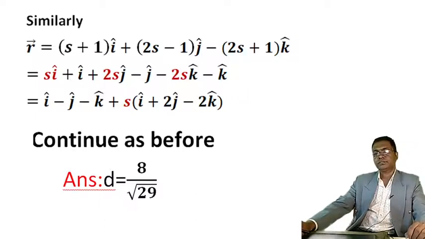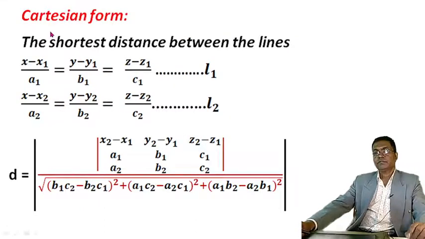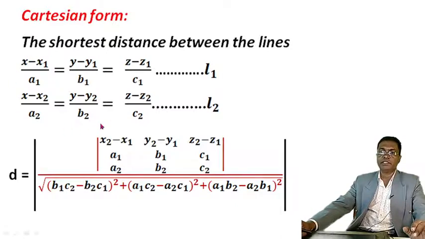Okay, so we know that if the lines are given in the Cartesian form, in this form that we studied, the shortest distance between these lines is given by this formula that we discussed in the last class.